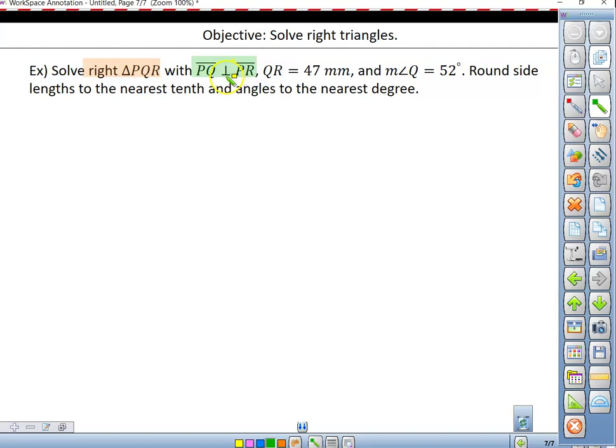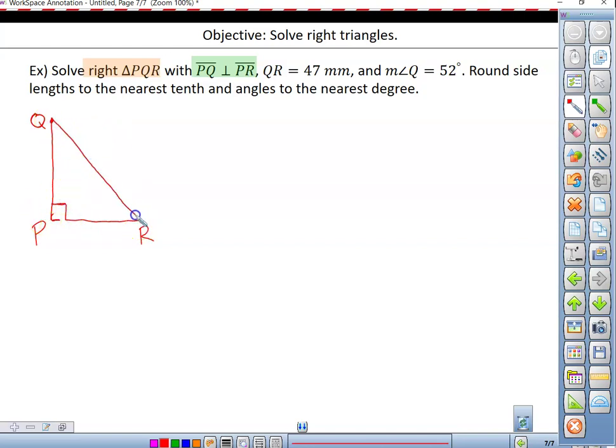And the vertex of the triangle where that right angle is located would have to be the point that the two sides have in common where they meet, which here is the letter P, or point P, or angle P. So my right angle here would have to be at P, and say that this is then Q, and this is R. So this gives me side PQ and side PR that are now perpendicular to each other, and connecting Q and R then forms the hypotenuse of the right triangle.